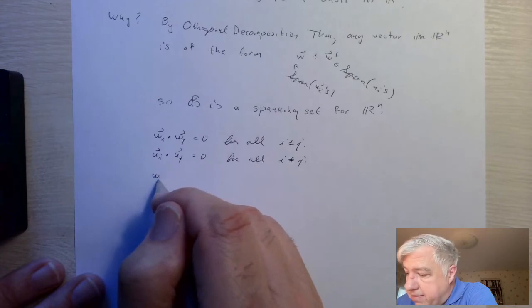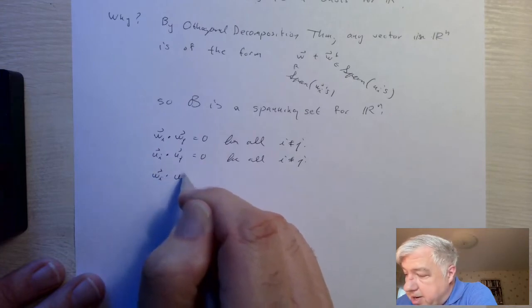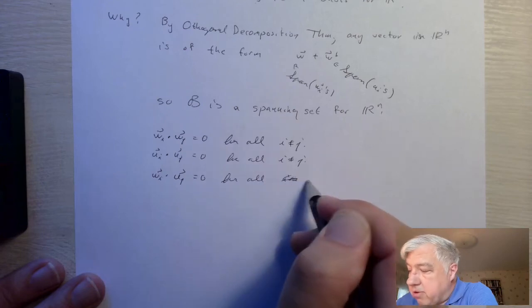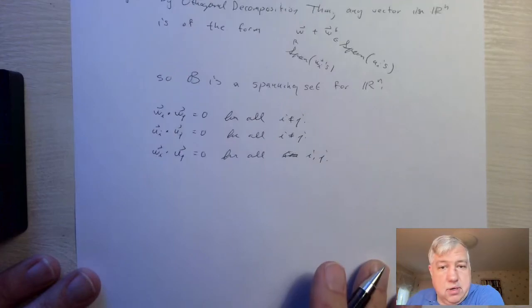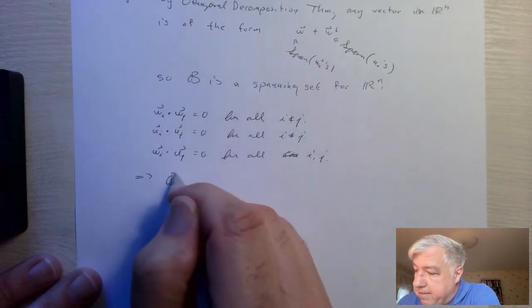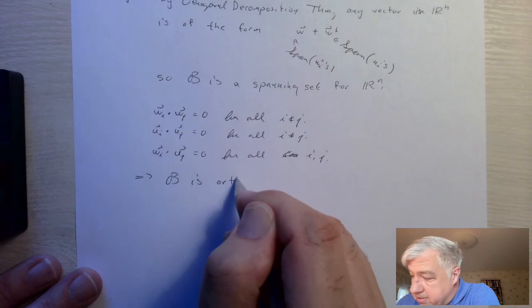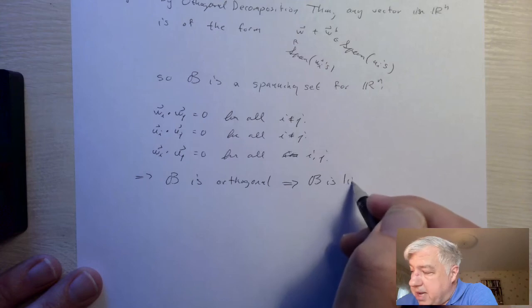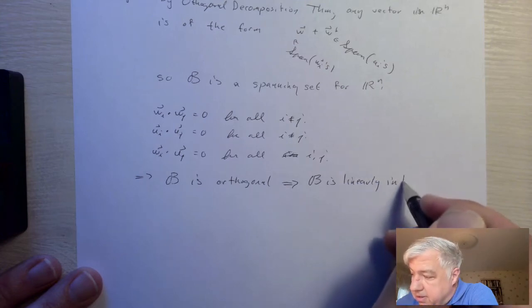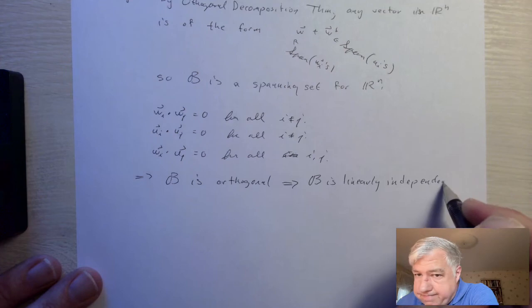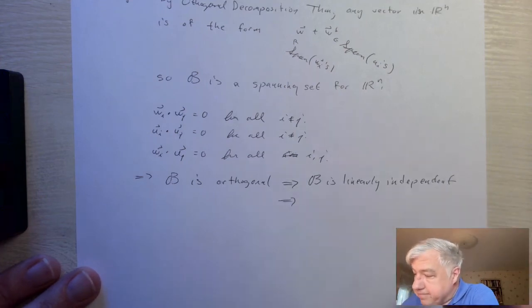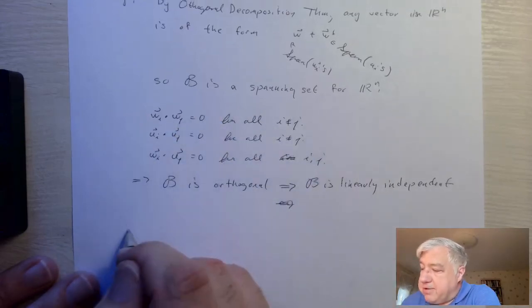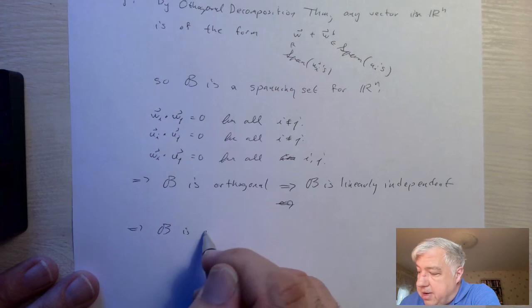And wi dot uj equals 0 for all i, j. So B is orthogonal, which means that B is linearly independent, and B is a spanning set, so B is a basis of Rn.